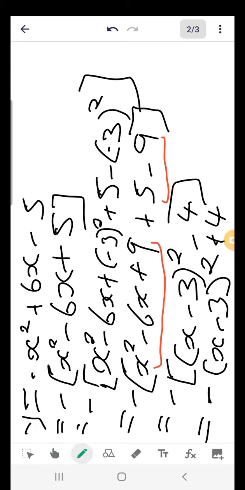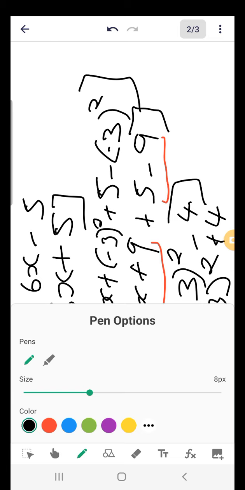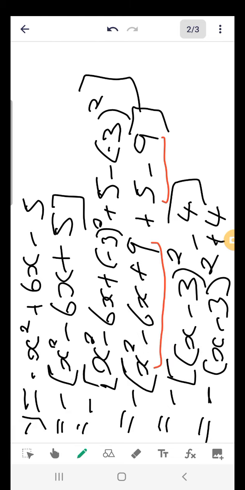Our turning point, let us write our turning point. Let us use a different color. Our turning point is going to be a +3 and a +4.